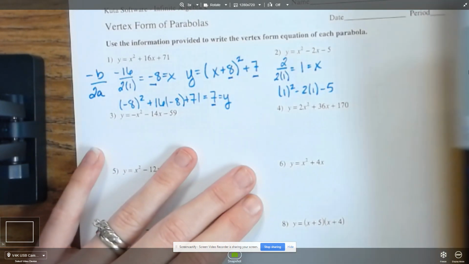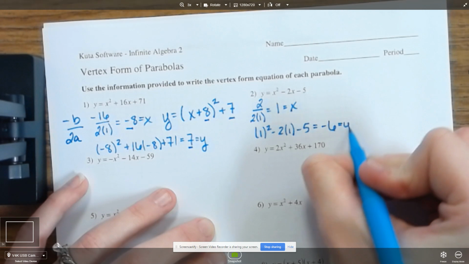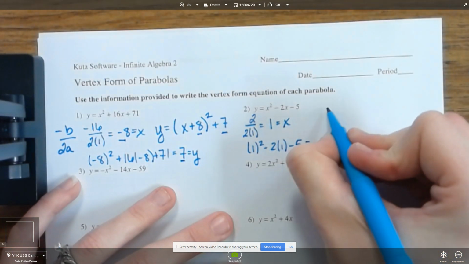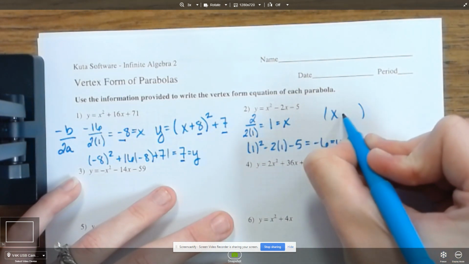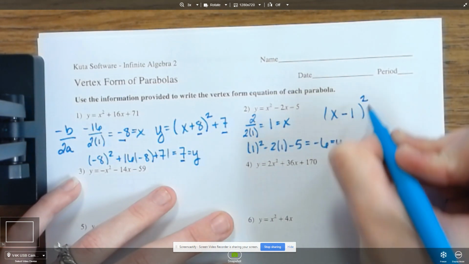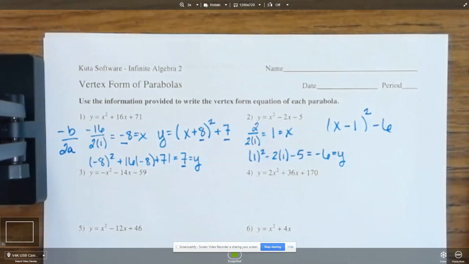Oops, sorry. So this equals negative 6, which is my y. So in the parentheses, I put my x, and remember, if it's positive, it's minus 1. We square that, and then we tack the y onto the end.